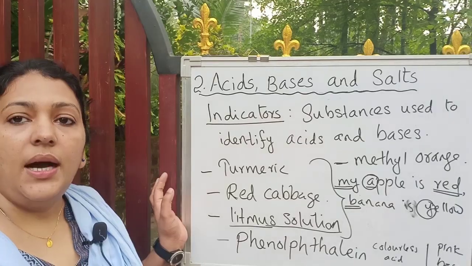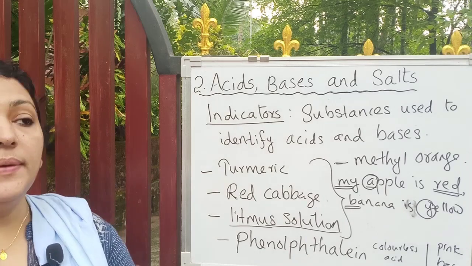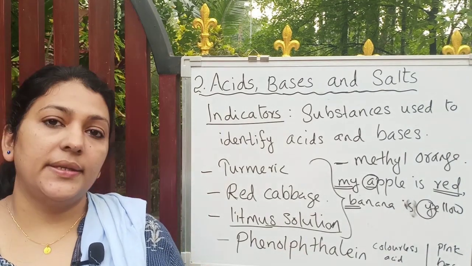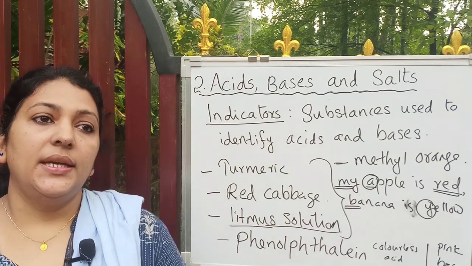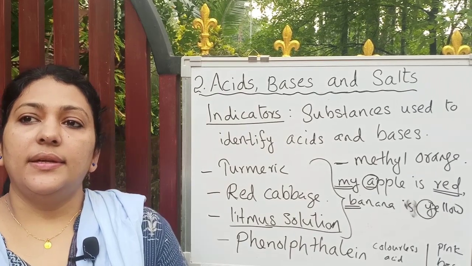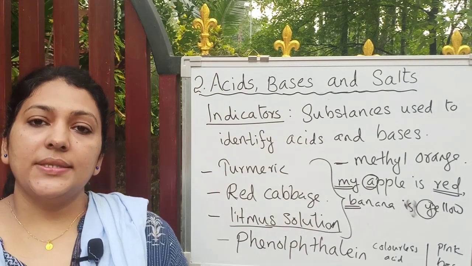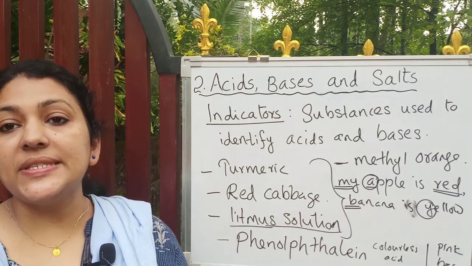Another type of indicator is the universal indicator. Compared to other indicators, olfactory indicators, and the indicators which show different colors, the universal indicator has an advantage because acids or bases have different strengths.